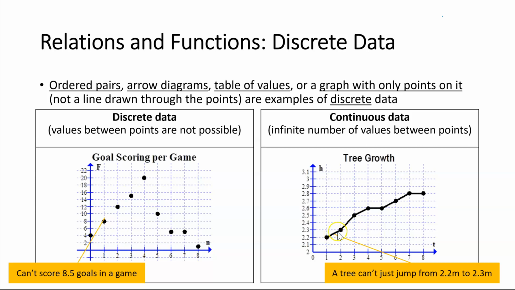It can't just jump from 2.2 to 2.3. Really, there's an infinite number, a never-ending number of values between those 2 points. So discrete is just points, no lines. Continuous would be lines through the points, saying that there's an infinite number of values between those points.